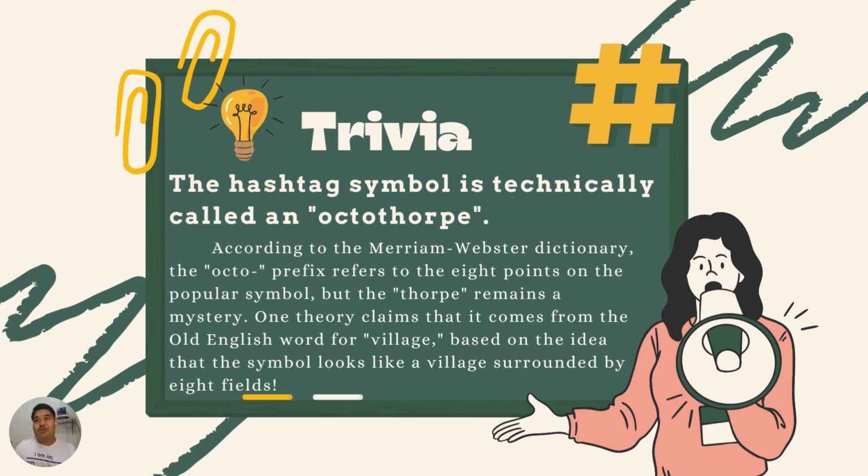So your classmates or your friends may ask you, what is an octothorpe? Then you're going to say, that's the hashtag that we really know, but the technical term for that hashtag is octothorpe.